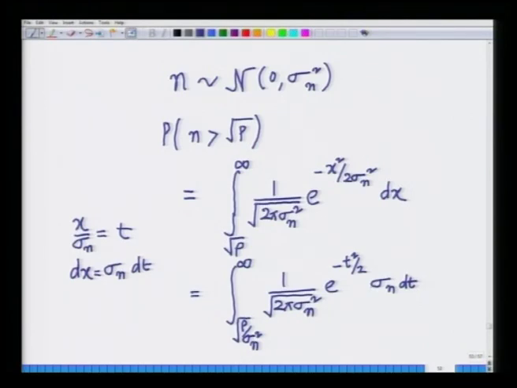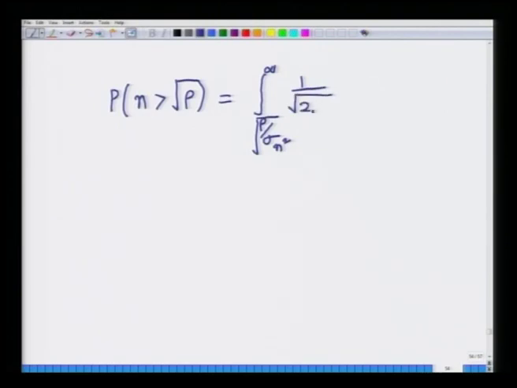The sigma n on the right and the sigma n in the square root in the denominator cancel, and the net expression that we derive for the probability that n is greater than root of p, which is in fact the probability of bit error, is simply the integral from square root of p over sigma n square to infinity of 1 over square root of 2 pi e power minus t square over 2 dt, and this is also the probability of bit error.